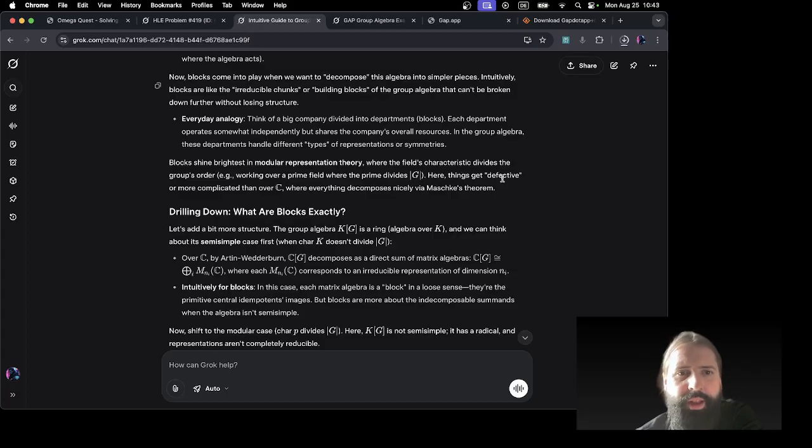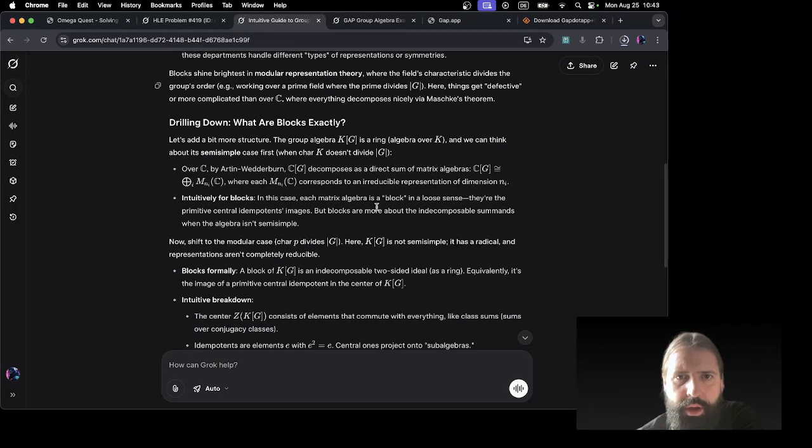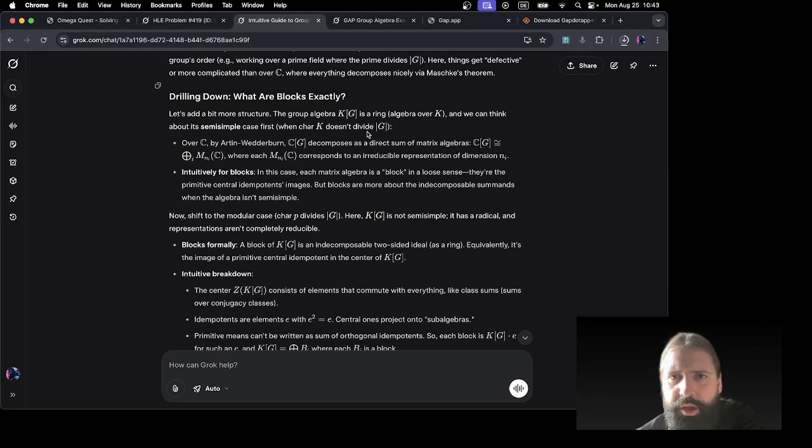Here things get more complicated than over C, where everything decomposes nicely via Maschke's theorem. The group algebra KG is an algebra over K, and we can think of the semi-simple case first, when the characteristic of K doesn't divide the group order.